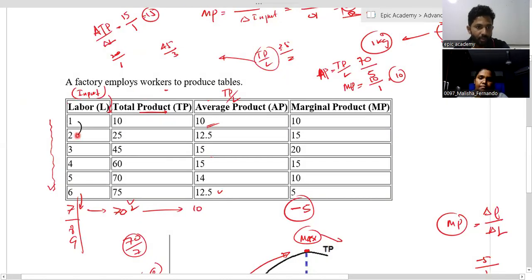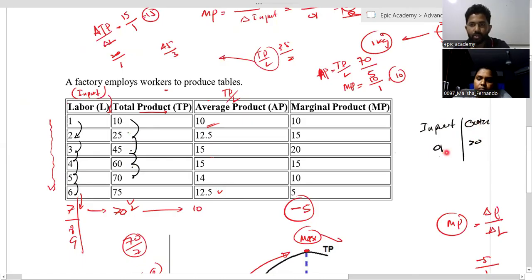Input increases by one, isn't it? Yes, input increases one by one. As a result, output increased by 5, 20, 60, something like that. So it must be the increase in returns.